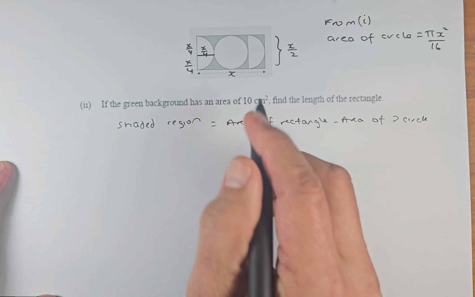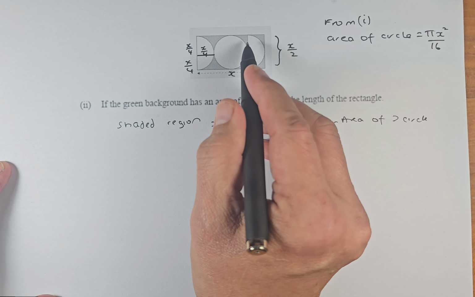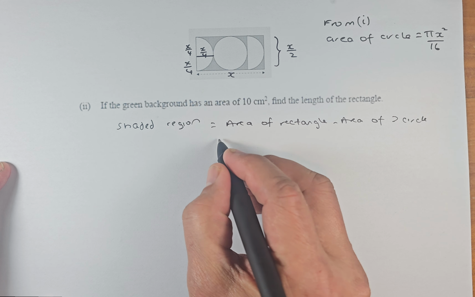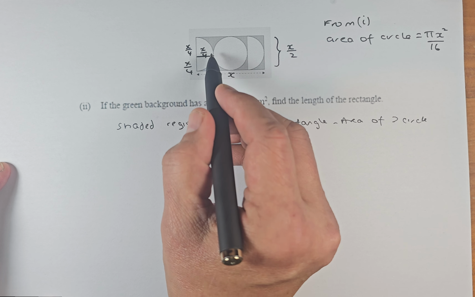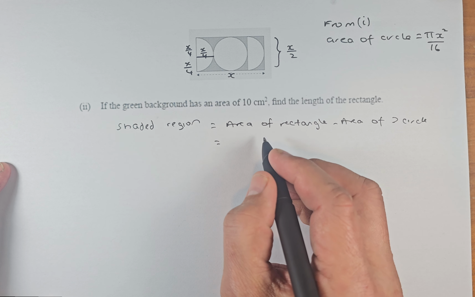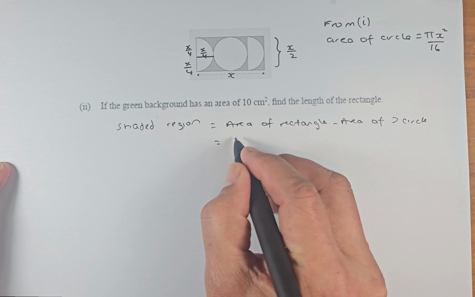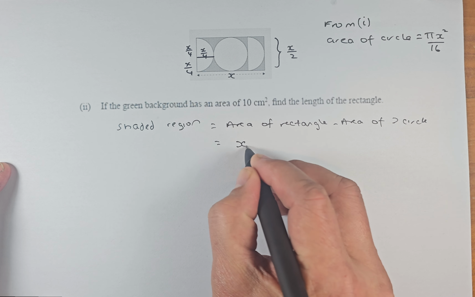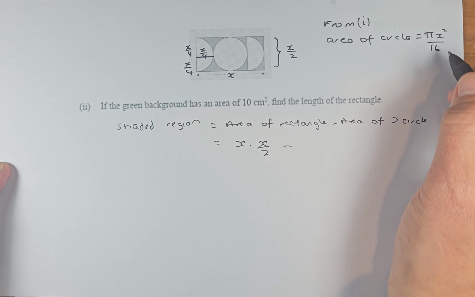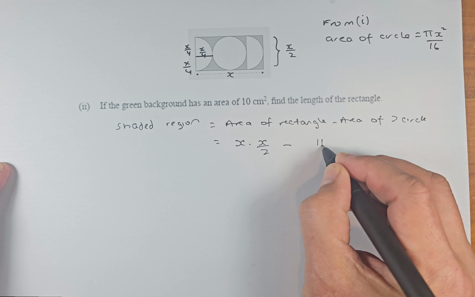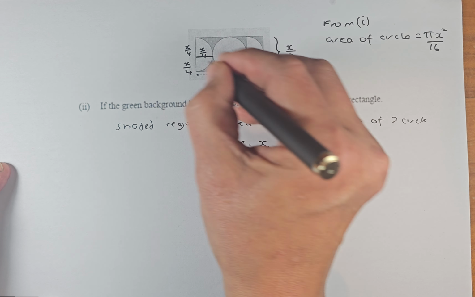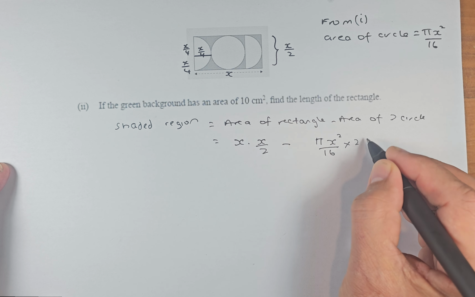So the area of the rectangle: we know that the radius is x over 4, so the width becomes x over 2. The area of the rectangle is x multiplied by x over 2, because length times width. Minus the area of circle, pi x squared over 16, and because there are two circles, one circle and the other two halves, you multiply by 2.